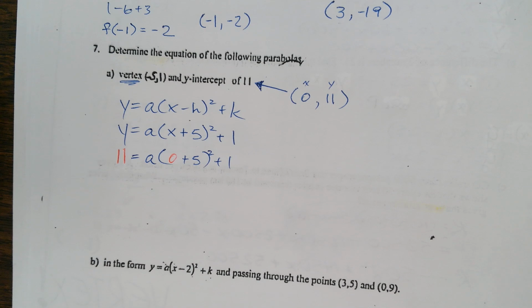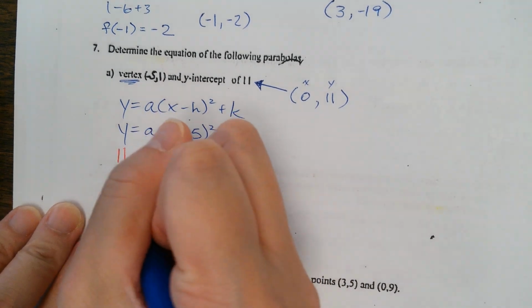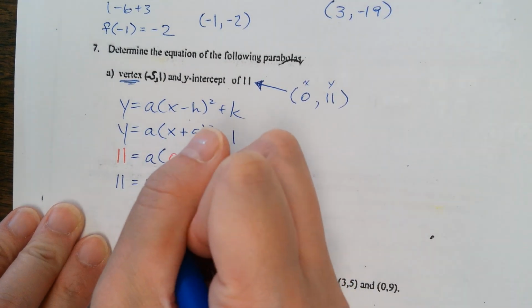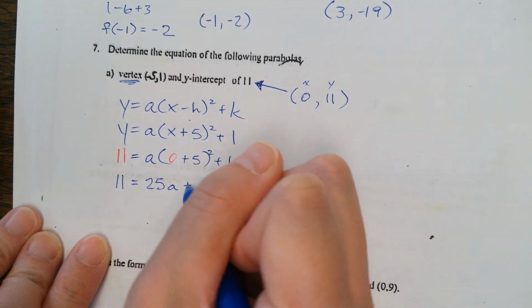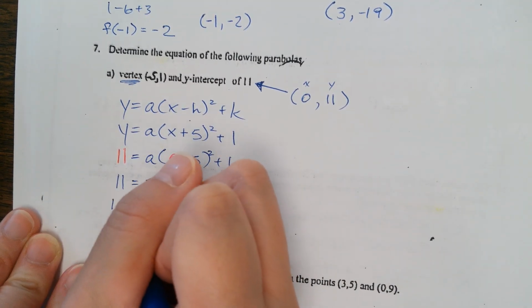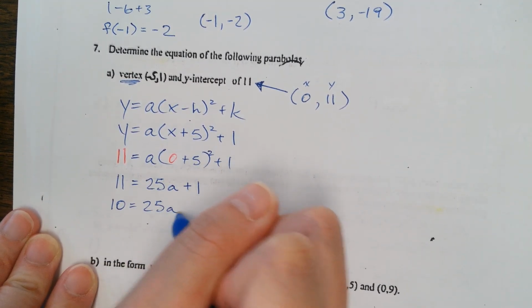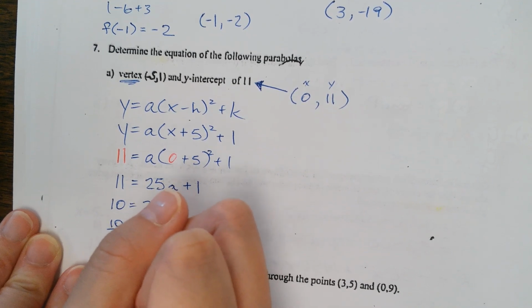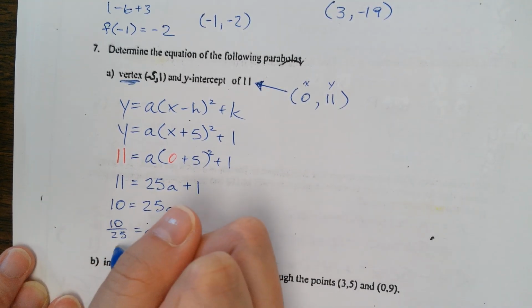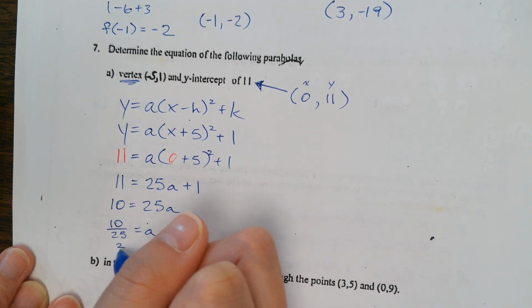So then when you solve for a, you'll get 25a plus 1. Move that over, 10 divided by 25. So when you reduce it, you get 2/5.